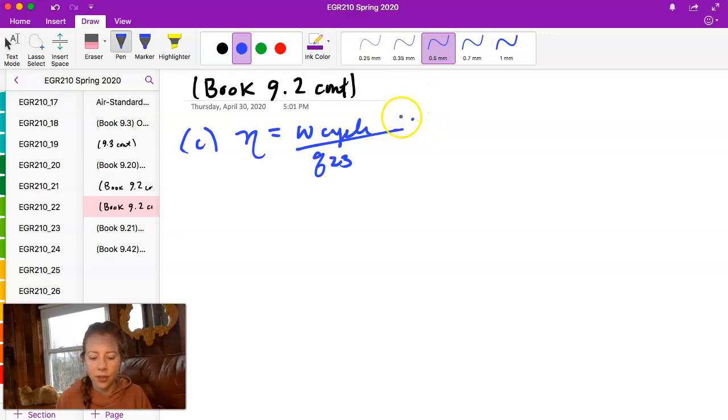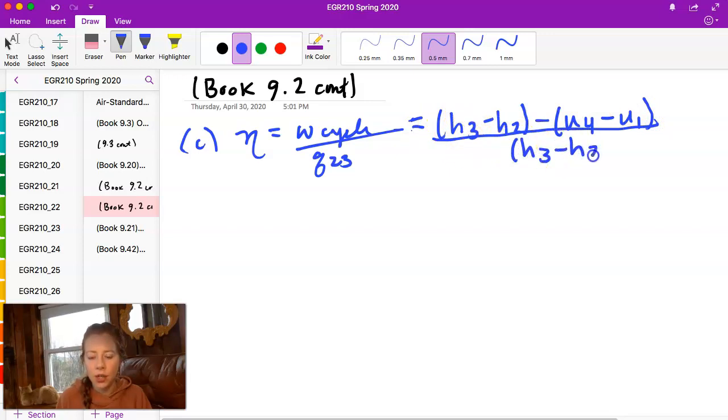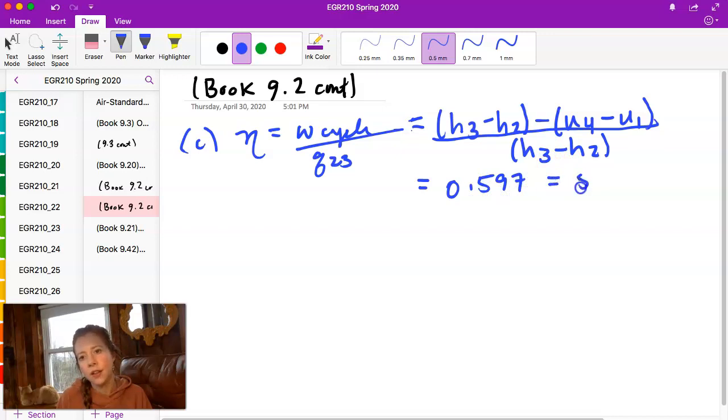So this is going to be equal to H3 minus H2, that's for the constant pressure process, minus U4 minus U1, and that's for the constant volume process, divided by Qin, which is H3 minus H2. And this will give us 0.597, which is 59.7%.